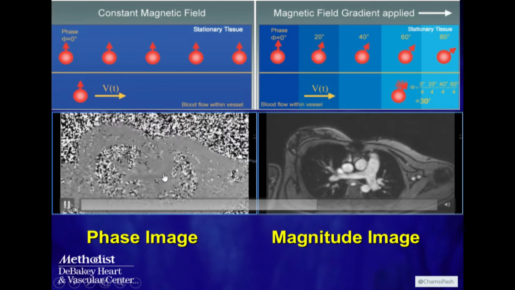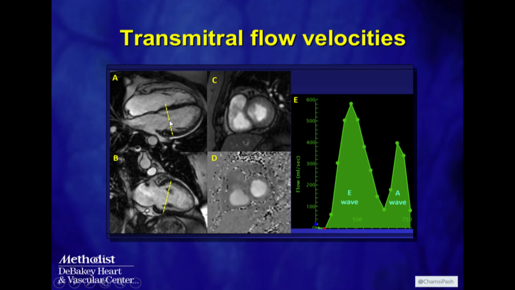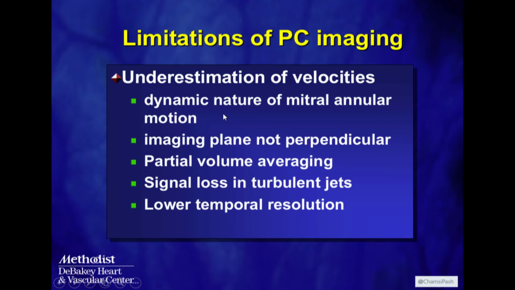So similar to echo, whenever we're looking at the inflow parameters on Doppler, you're looking at the E wave, which is the early diastolic transmitral velocity, and the A wave. So creating a perpendicular axis to cross through this mitral inflow, you're able to obtain those velocities, bearing in mind that this is not at the same temporal resolution as echo, so your velocities on MRI could be underestimated.